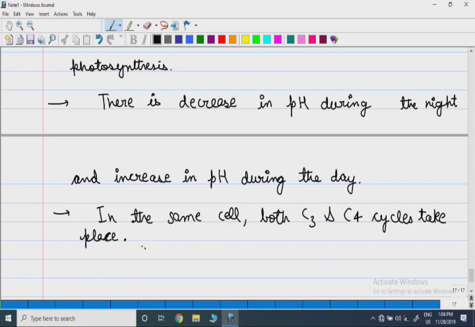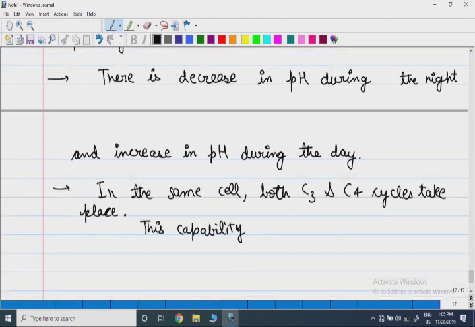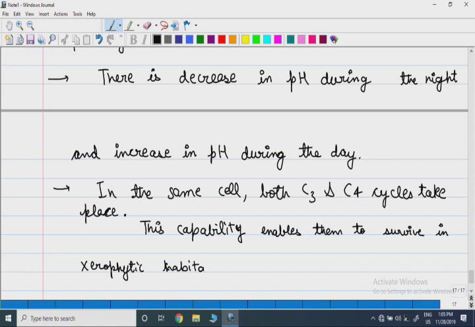This capability enables them to survive in xerophytic conditions. Xerophytic habitats, right?